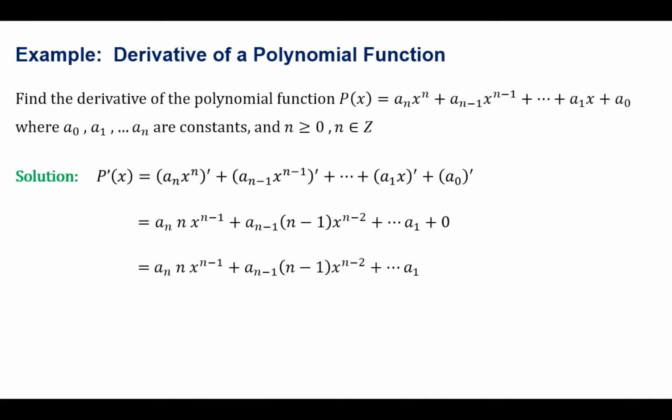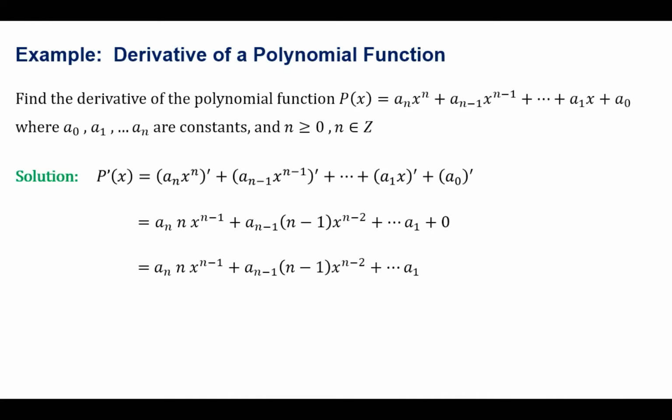Then the derivative of the first part, according to the constant multiple rule and power rule, equals a_n times n times x to the power of n minus 1, right? And the derivative of the second term is a_(n-1) times (n minus 1) times x to the power of n minus 2.